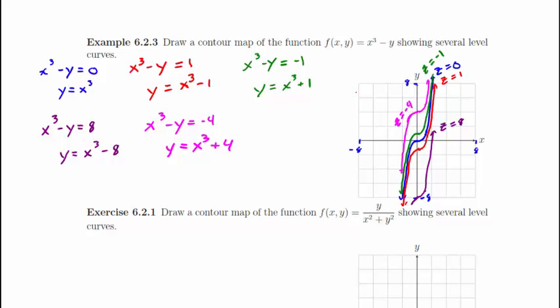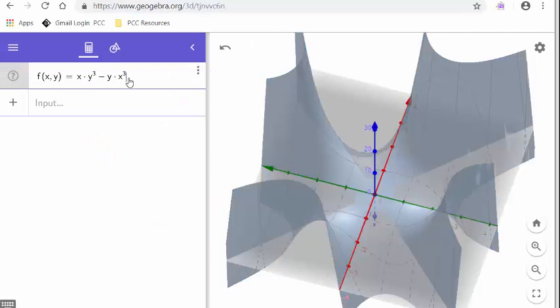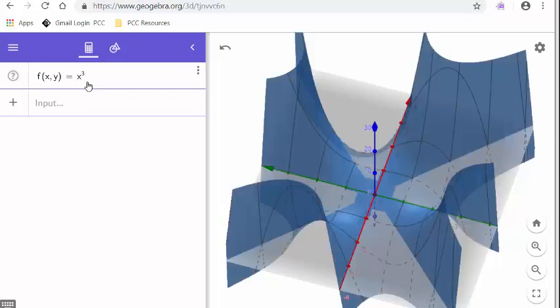I don't have this in the lecture notes, but there's no harm in us taking a look in GeoGebra and confirming what I'm saying here. So we have f of x, y equals x to the third minus y.